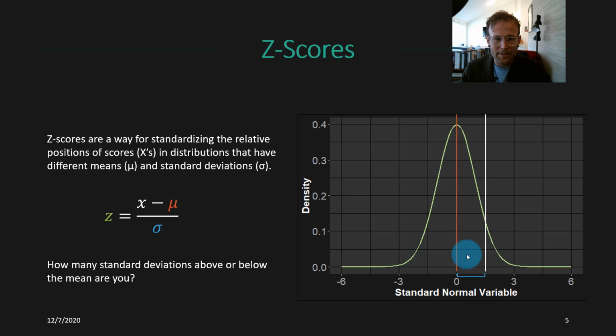And the nice thing about this is if you do this for a set of scores, you can take a whole bunch of x's, subtract off their mean and divide by the standard deviation, and what you'll end up with is a standard normal curve because the mean of the x's minus the mean would be 0. If we had the true population mean minus the true population mean, it would be 0.